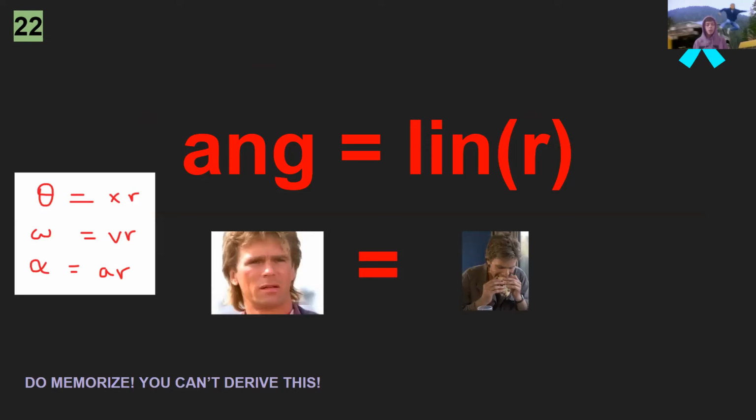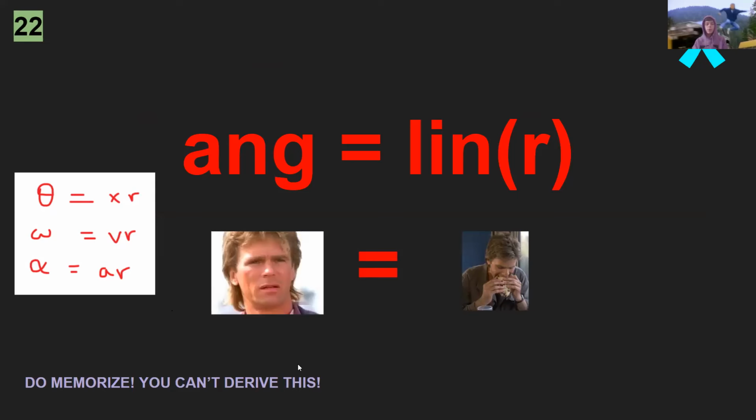Angular equals linear times the radius. So as you can see, the angular variable theta equals xr. W, I know that's not W, I always say that, but I just hate saying omega, equals VR, and alpha, that angular acceleration, equals AR.